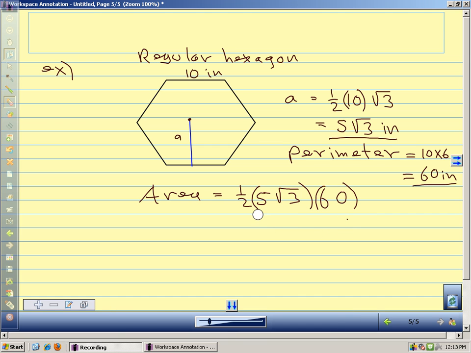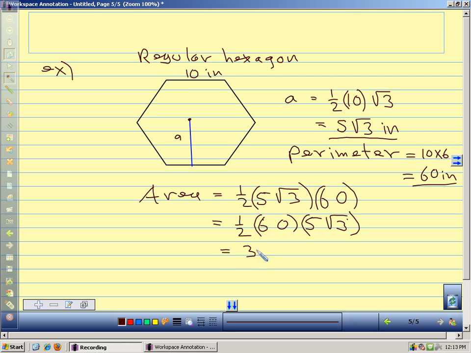And this is the same as, I can rearrange this. This is the same as 1/2 of 60 times 5 square root 3. When I multiply it, the order doesn't matter. So this is 30 times 5 square root 3.